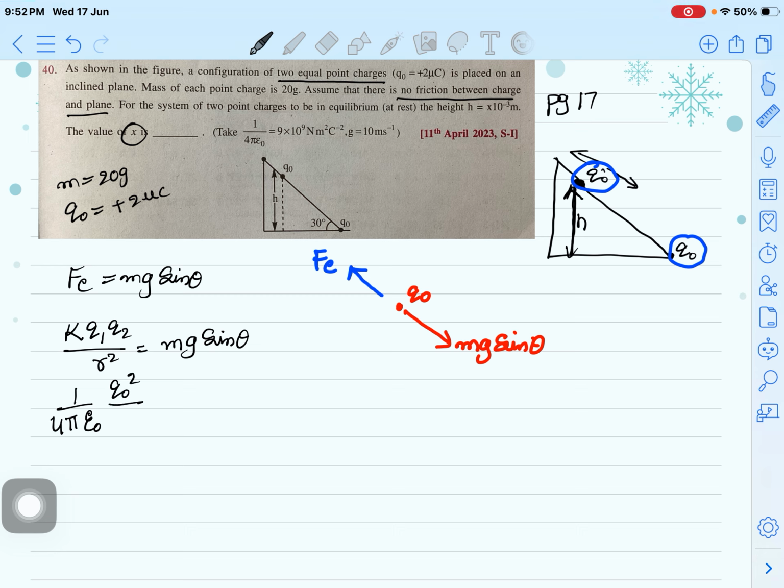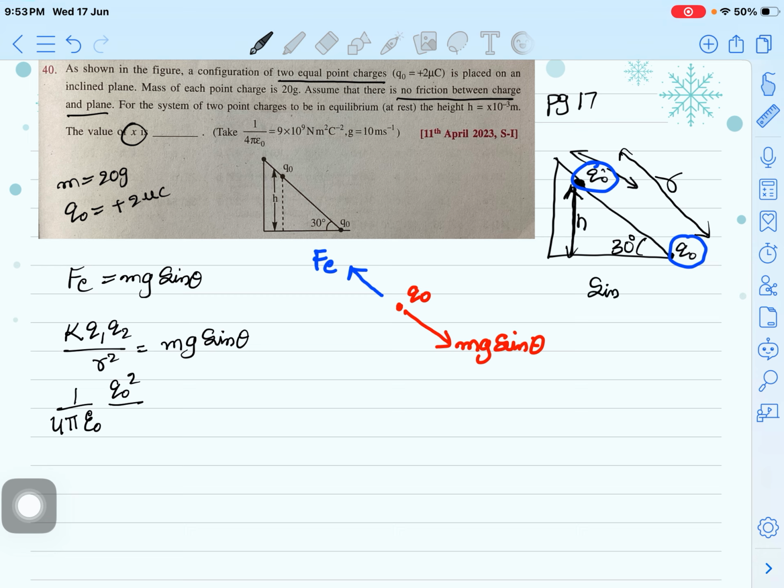What is R? R is the distance along the inclined plane from one charge to the other. But we don't want R; we have to calculate h, the vertical distance. If theta is 30 degrees, what is the relation between h and R? h is the opposite side and R is the hypotenuse.